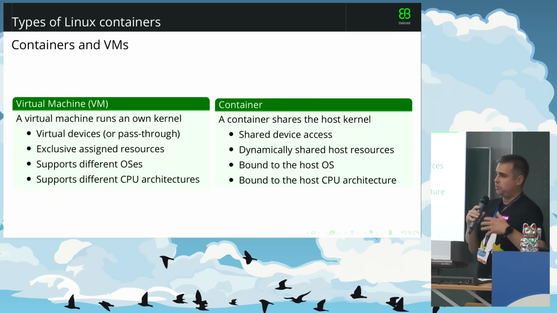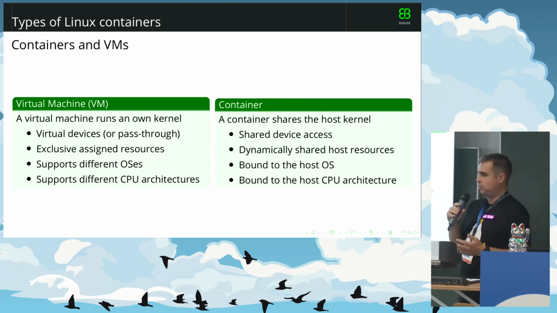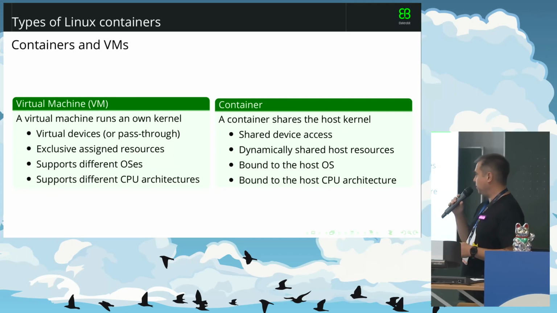This virtualization always comes with a performance penalty, for sure. With containers, you avoid this performance penalty, and you can easily share the resources with different containers running on your host machine or on your embedded device.